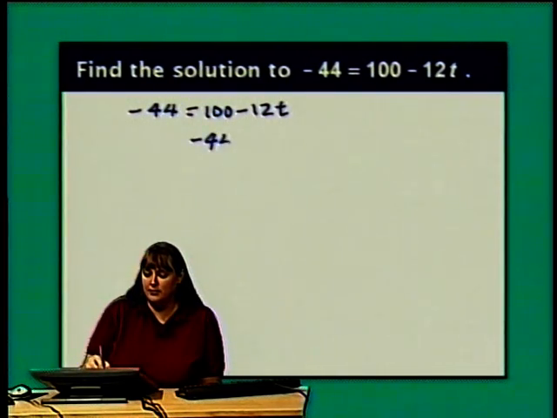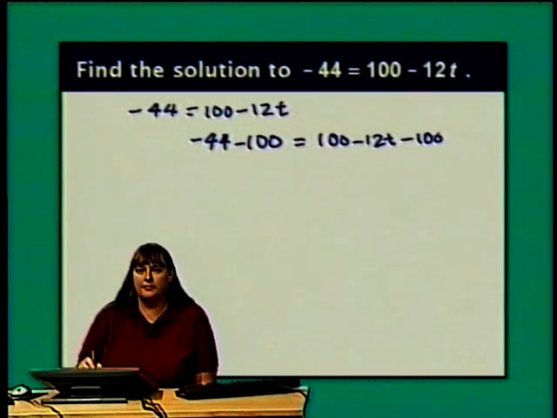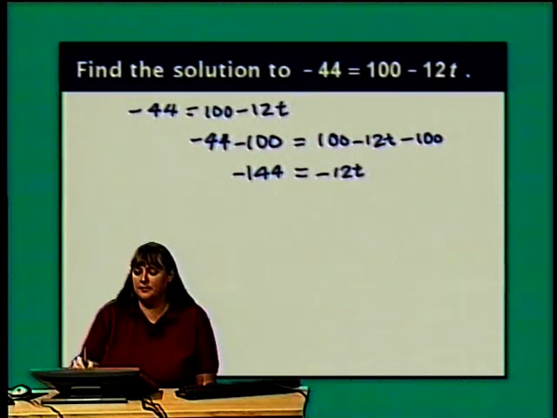So negative 44 minus 100 equals 100 minus 12t minus 100. Negative 44 minus 100 is negative 144. And on the right-hand side, I'm just left with negative 12t.